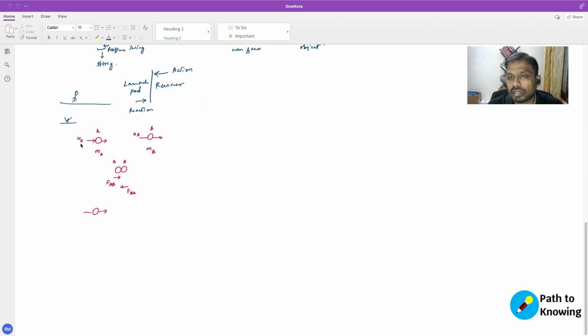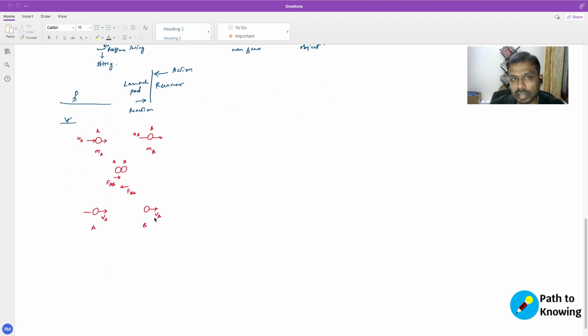So you have two objects that started with initial velocities of UA and UB with masses MA and MB, and they collided, which means that there was an action and a reaction force in the opposite direction, and after that, because there is an external intervention on both of them, the velocity changed, and the changed velocity is that object A started to move with VA, and object B started to move with VB.